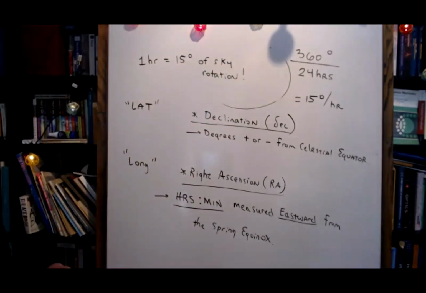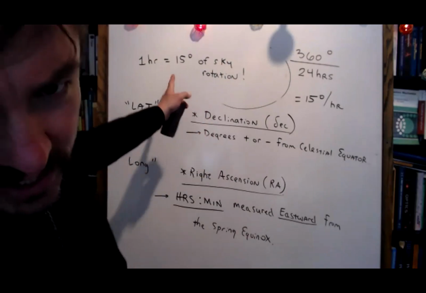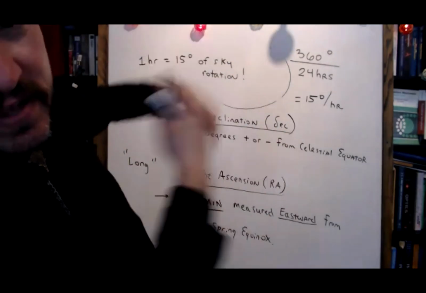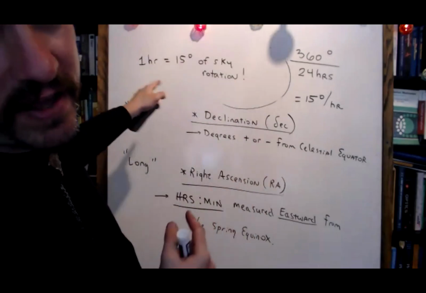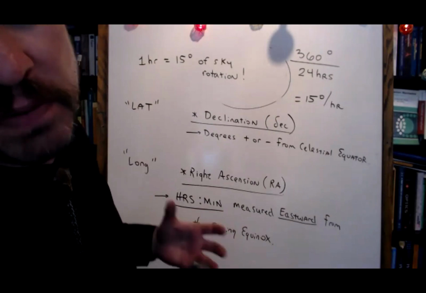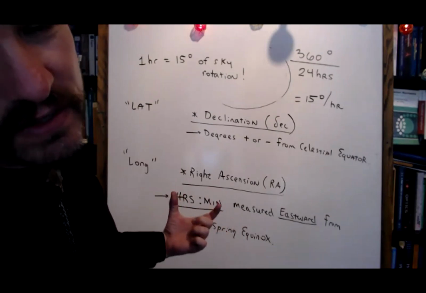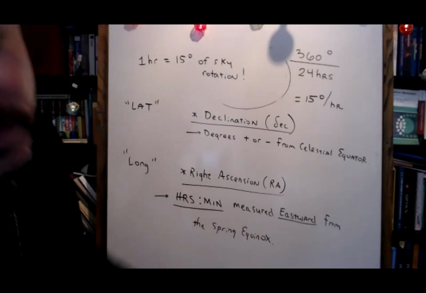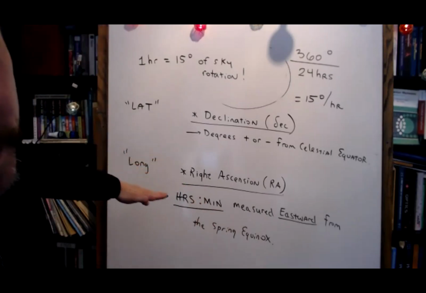So I can measure the positions of stars in degrees, but if I'm measuring along the right ascension axis, along the rotational axis, I can also measure it in hours. It's hard to explain right away, but this turns out to be a really useful thing to do. It actually makes things easy when you're out at a telescope. Unfortunately, somewhat hard to learn.